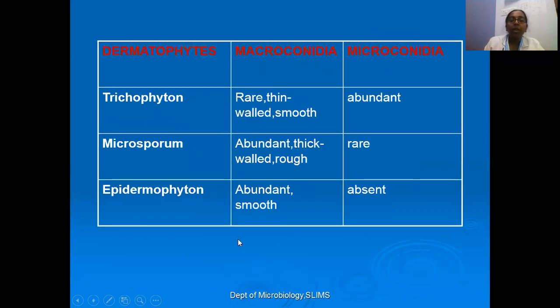In microscopy, what are the characteristics of these three genera: Trichophyton, Microsporum, and Epidermophyton? Trichophyton has rare, thin-walled, smooth macroconidia, whereas microconidia are abundant. Microsporum has abundant, thick-walled, rough macroconidia. In Epidermophyton, macroconidia are abundant and smooth, and microconidia are absent.